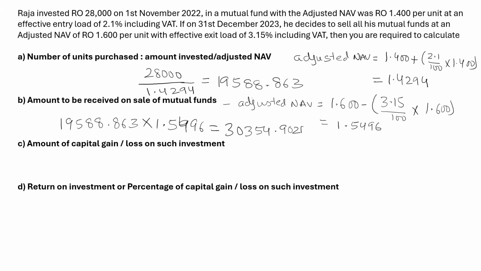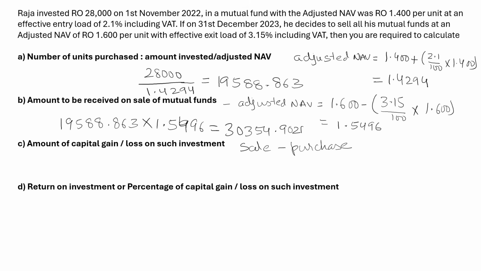The next one is amount of capital gain or loss on such investment. What we will do? Capital gain is sale amount minus purchase amount.